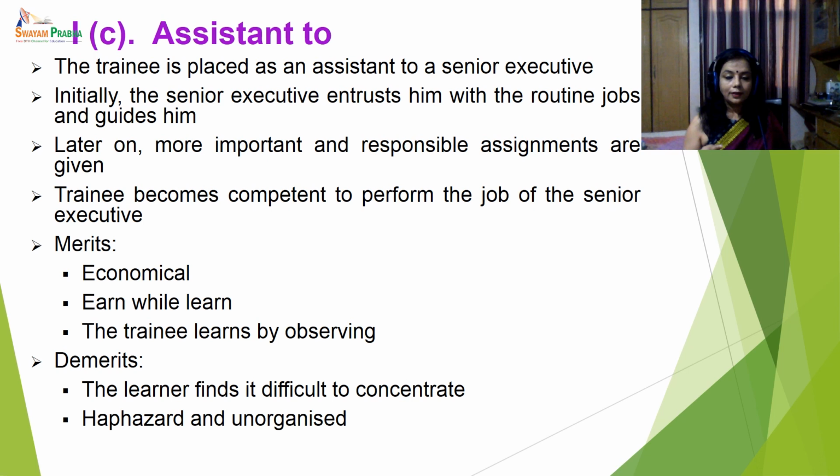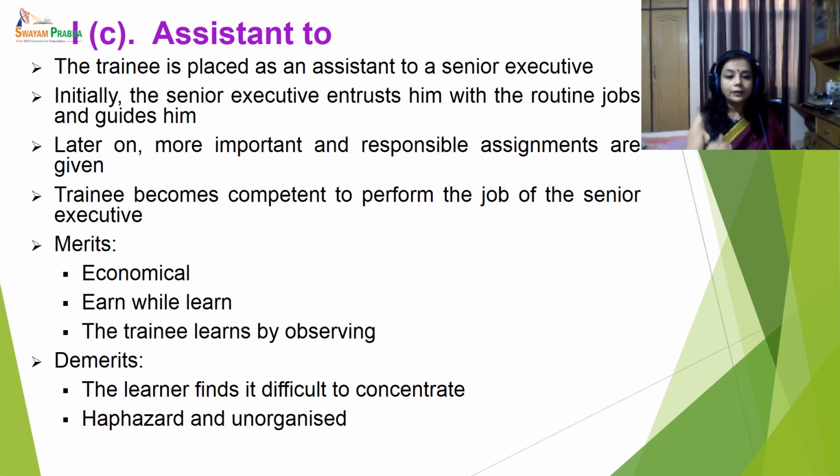Next type of on-the-job training is assistant to. As the name suggests, assistant to means a person will be an assistant to a senior executive. The purpose of understudy and assistant to may be different, but the methods are the same. In coaching, understudy and assistant to, the methods are more or less the same.